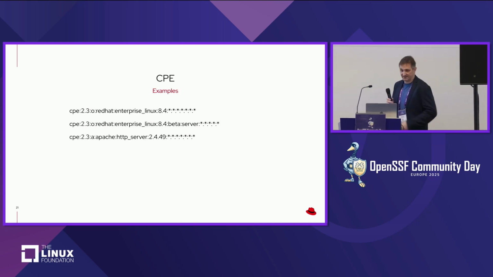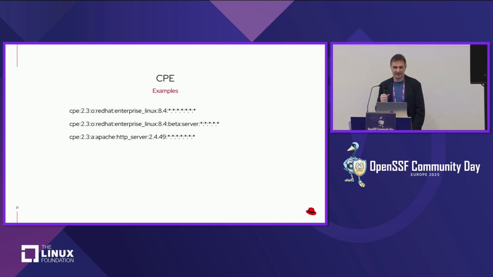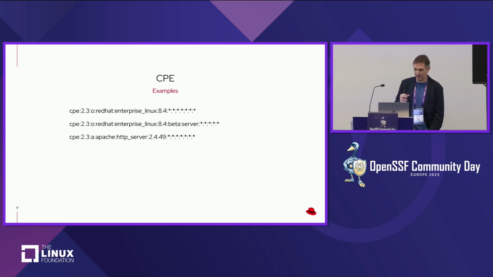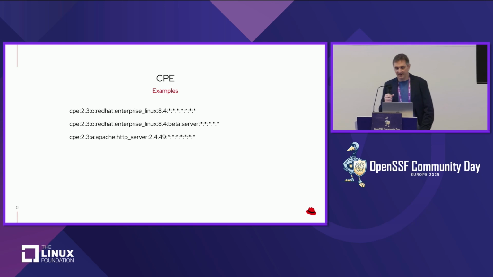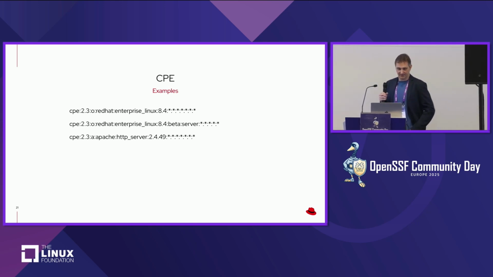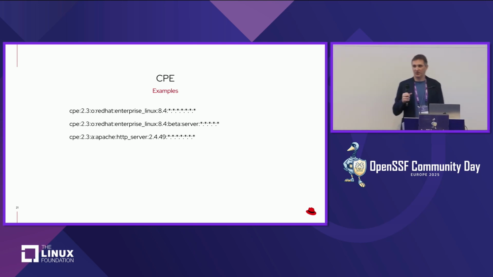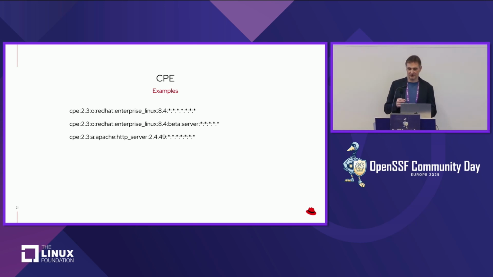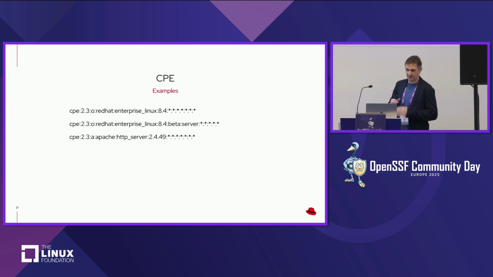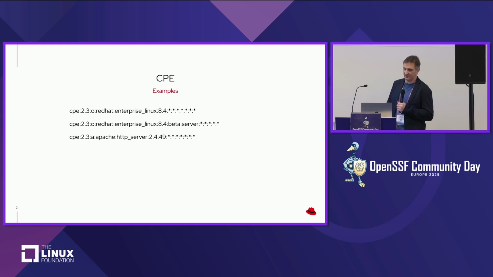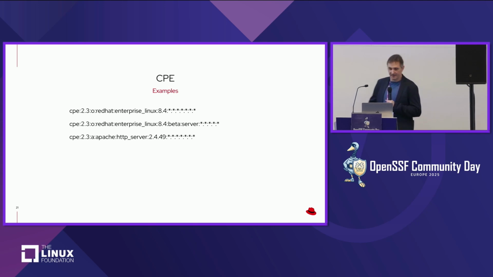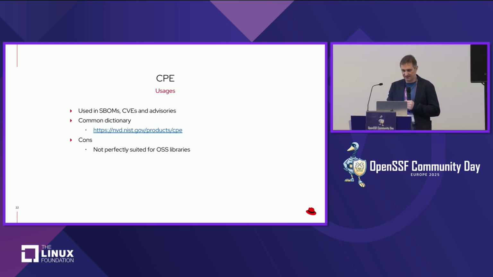Here are a couple of examples. For example, how would you identify the Red Hat Enterprise Linux operating system and its subversion? And as you can see, in theory, you can use this schema to identify open source packages and libraries, like we have an example here of the Apache HTTP server, but it's not ideal, right?